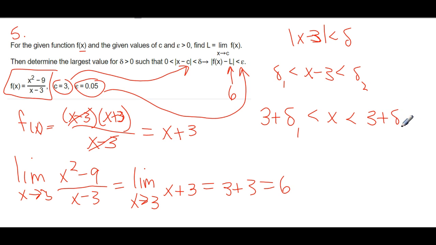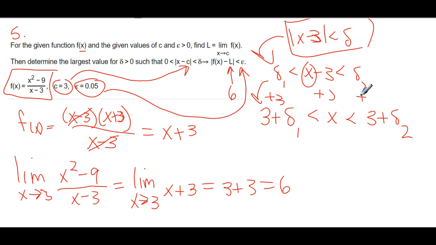I'm just getting x isolated in the middle. From here to here, that's just the definition of an absolute value inequality. And then from here to here, I'm just adding 3 in the middle and to the corresponding sides to get x isolated in the middle. So this inequality comes from this guy right here.